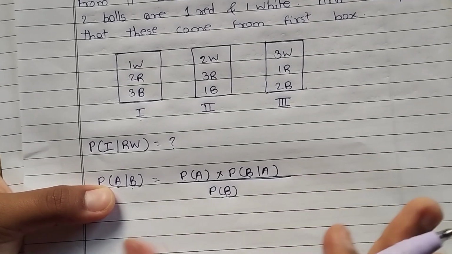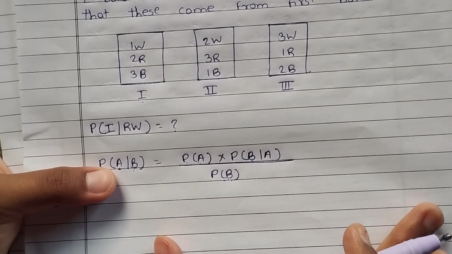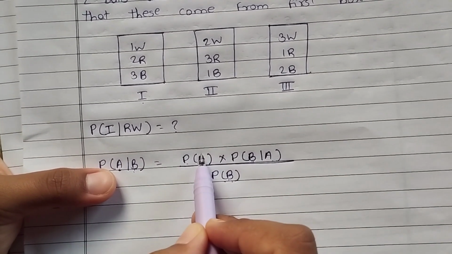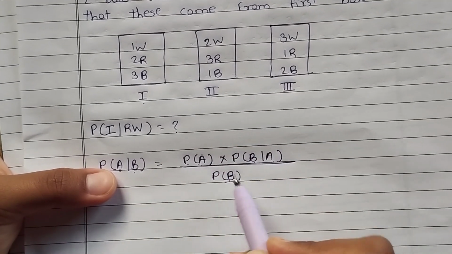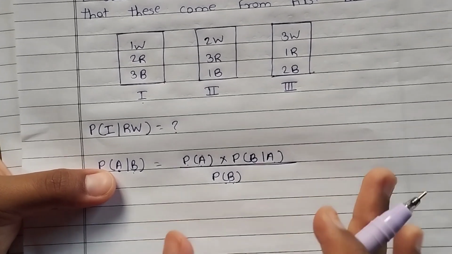In this way I remember the formula. If not, use my trick: first write the first entity as it is, second shuffle the terms, and in the denominator write the second term as it is. This is the Bayes theorem.